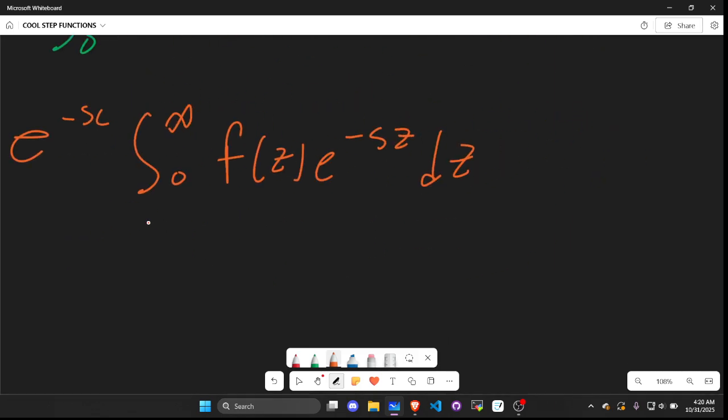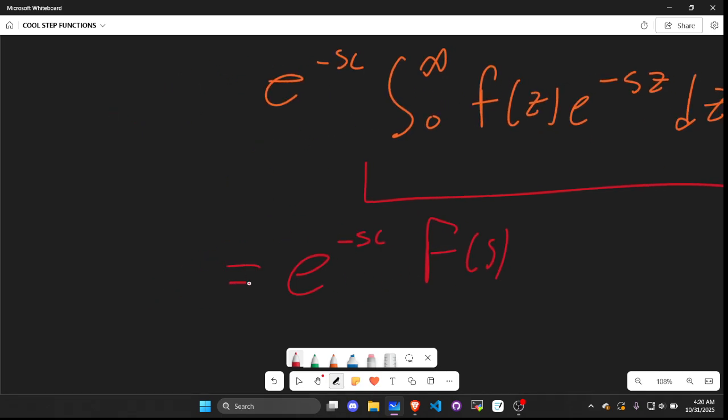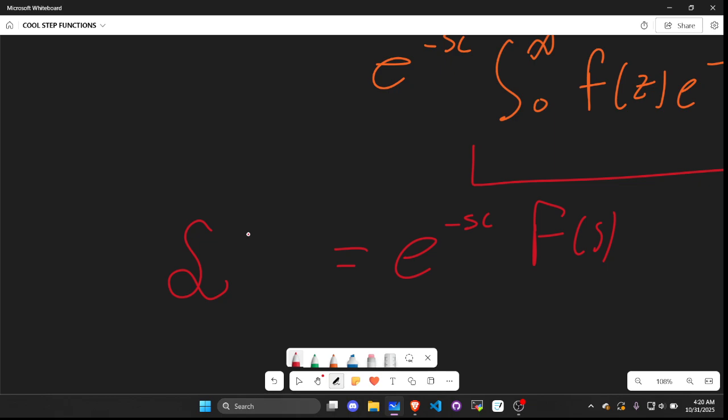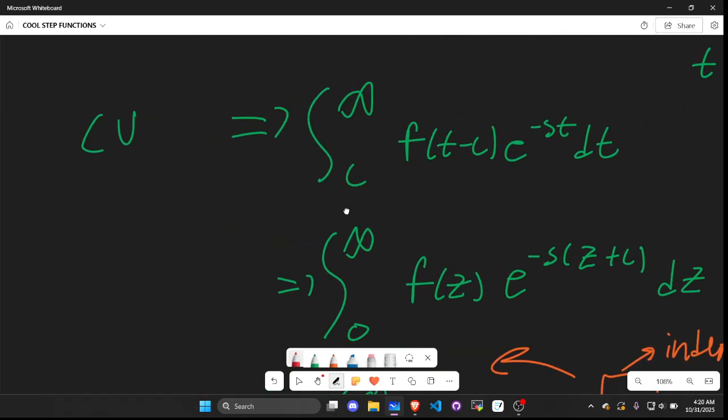Now, what is this? We basically remade our little Laplace transform again. So we're going to treat this as the Laplace transform, F of s. So this is equal to the Laplace transform of, what was it that we defined earlier? G of t, right?